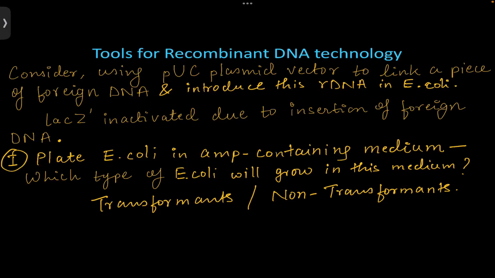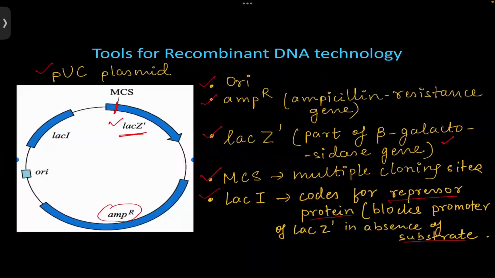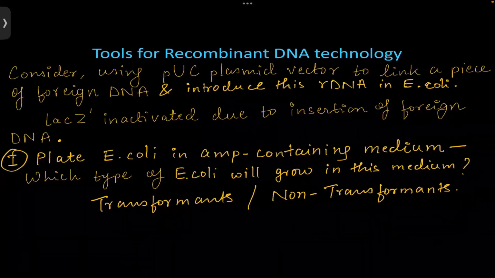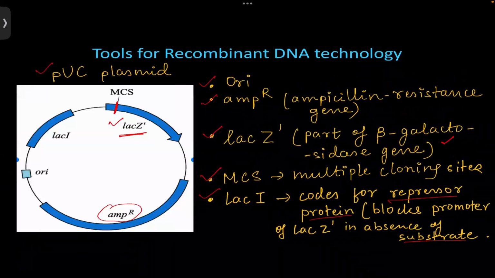So in step one, you first plate the E. coli cells that you have transformed with this particular recombinant DNA on ampicillin containing media. From this, you will get to know whether or not the cell has taken up your foreign piece of DNA, whether it has transformed or not.